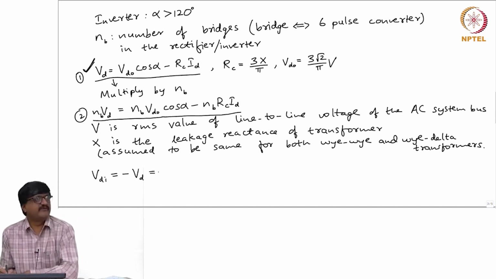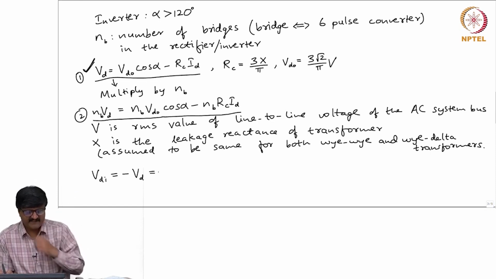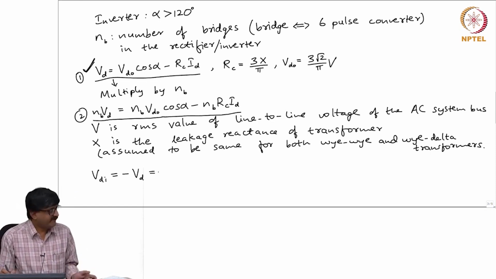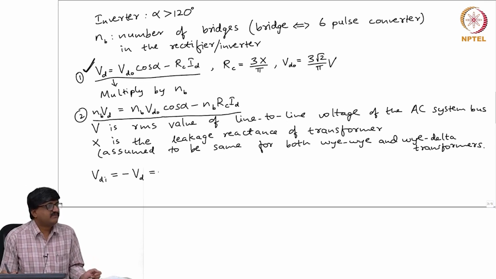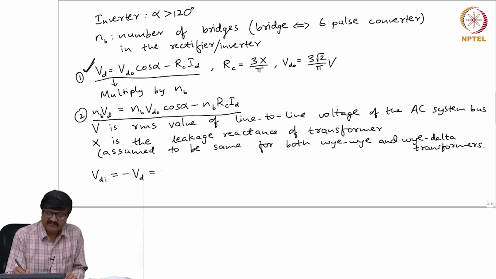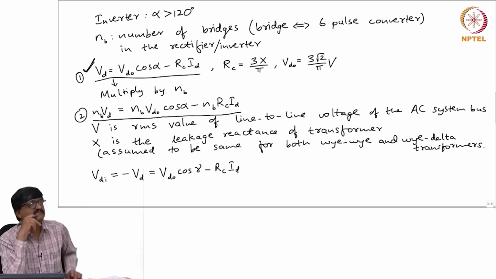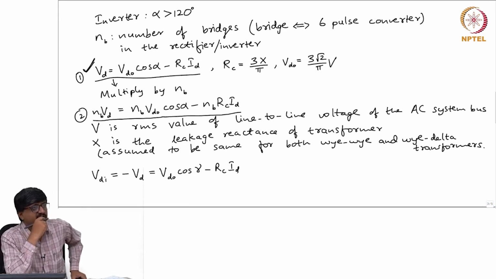We also derived a relationship between VD, ID, RC and gamma, which is equal to VDO cos gamma minus RCID. You recall?